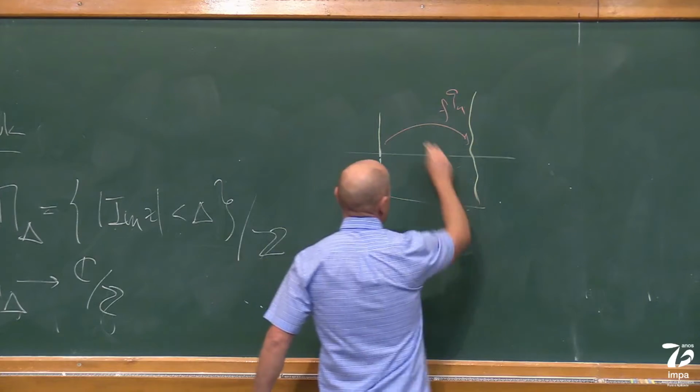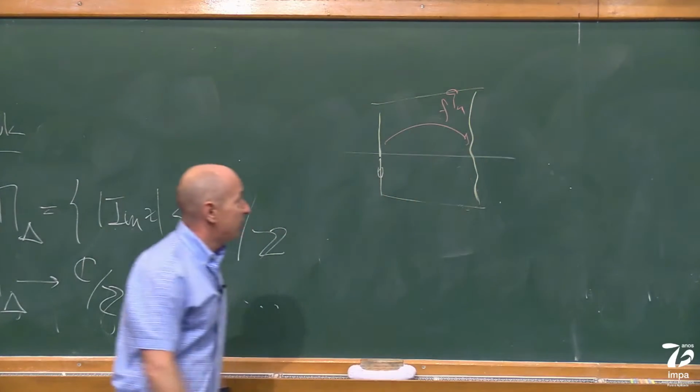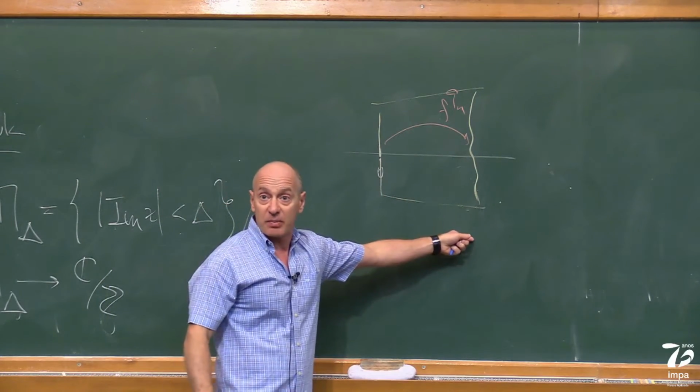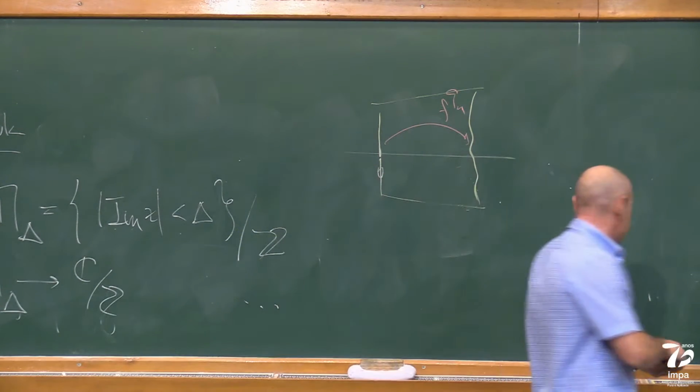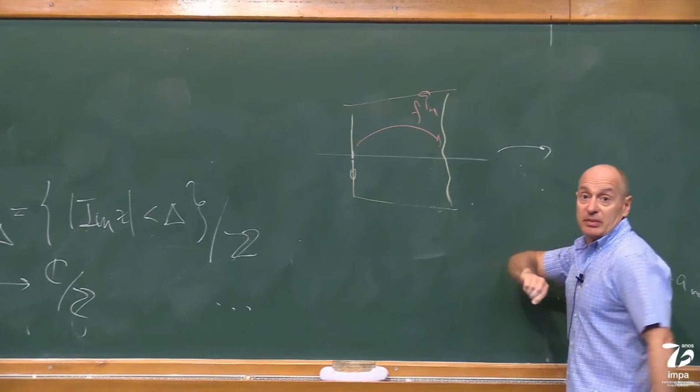So what we can do is we can somehow close the ends. This is topologically a cylinder, and we can uniformize it conformally.